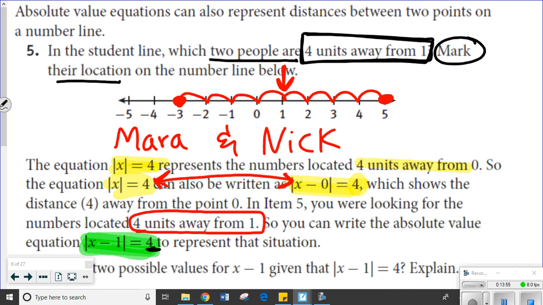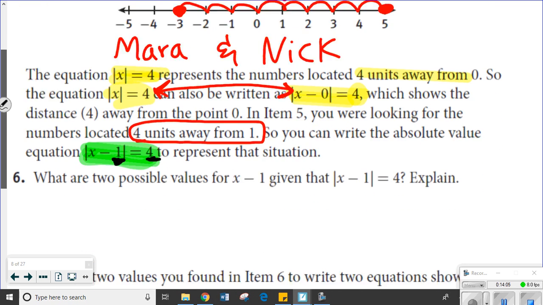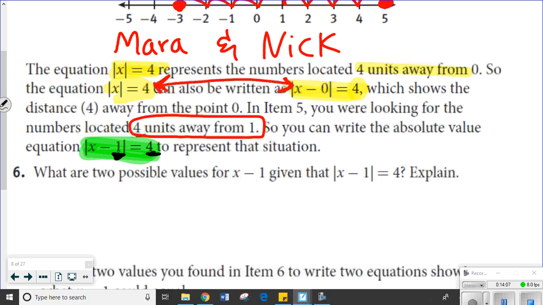This 1 is like our starting number, our starting location. Got it? The absolute value of x minus 1 equals 4. Any questions?